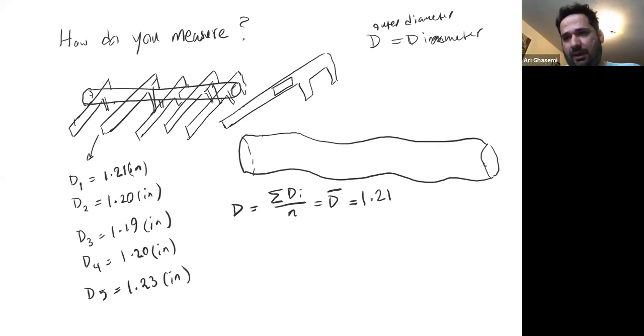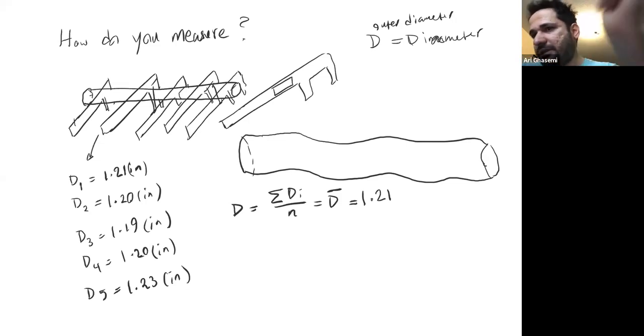Okay. Now, is that enough? That means if I just report and say my average is 1.21, so my diameter is 1 inch and 21 over 100 of an inch, and that's my average. Do you think that's enough?